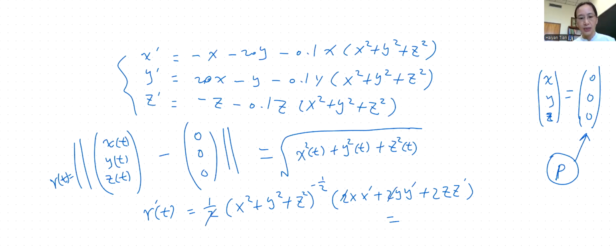And the first part is simply the reciprocal of r, since this is r to the negative half power. So we can write 1 over r.